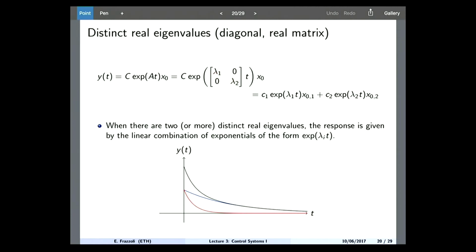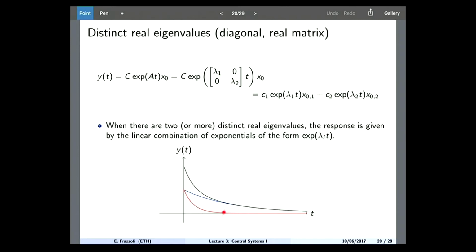Now, if you do the calculations, we are computing the output, so we are multiplying by some row vector C and by some column vector X naught, that is the initial condition. So at the end of the day, what you get is a scalar that is given by a linear combination of the exponential of lambda 1, that is the first eigenvalue, times some constant, plus the exponential of the second eigenvalue, okay?